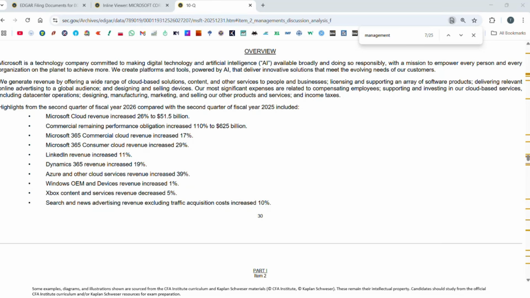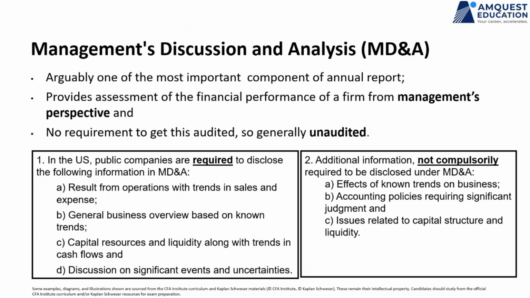Perfect. So this is just a preview in terms of what these sections are all about, because we are reading about the section, so we should at least be aware of how the section looks. And you can download any listed company's 10-K or 10-Q statement from the SEC website, as I said, and just browse through them. And these are very long documents, right? Today, the purpose is not to read them word by word or page by page, but at least have a visual idea of the information they carry.